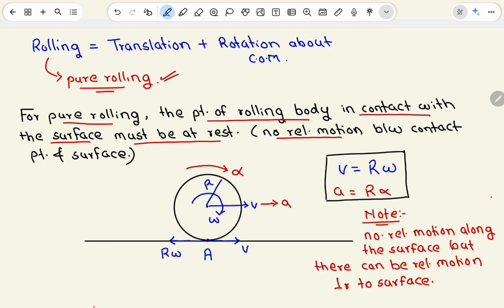And this condition is required because we have to lift this point A upwards again for the body to roll. So there should be no relative motion along the surface, but a relative motion perpendicular to the surface is necessary.